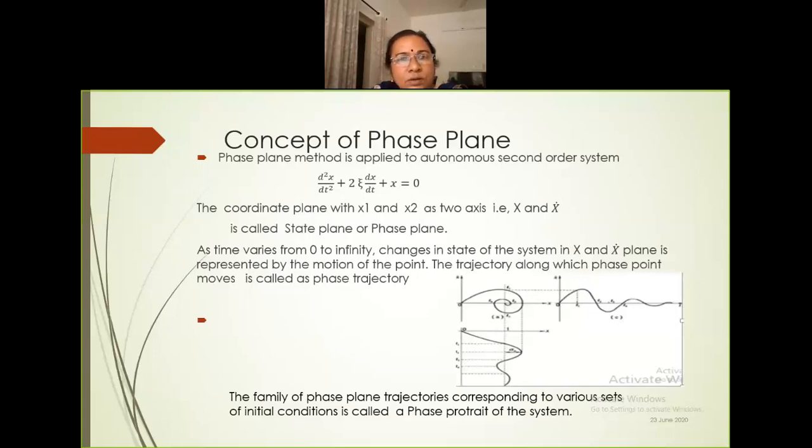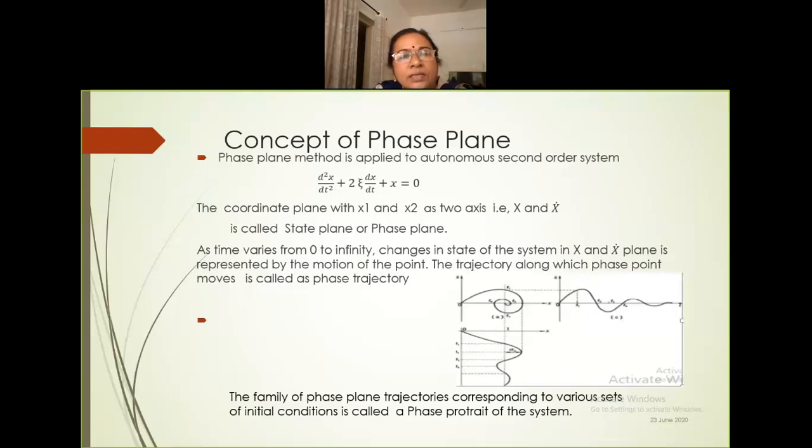Now, what is the role of the phase plane here? Here we will be taking the state space, the state of the system. How do you select the state of the system if the mathematical model is given as a second order differential equation? You assign the state variable x1 as x, and the derivative of the state variable will be the next one.